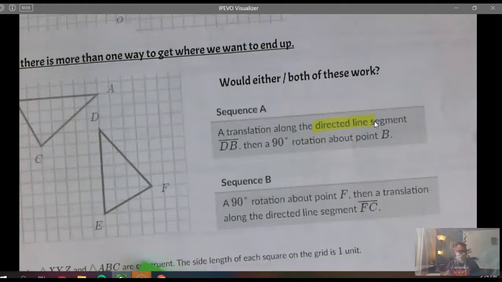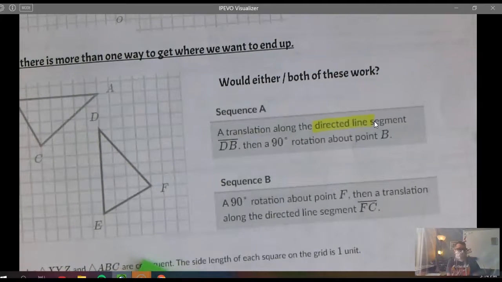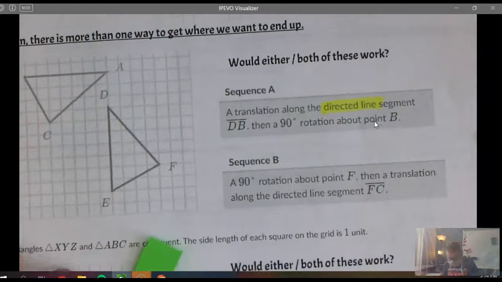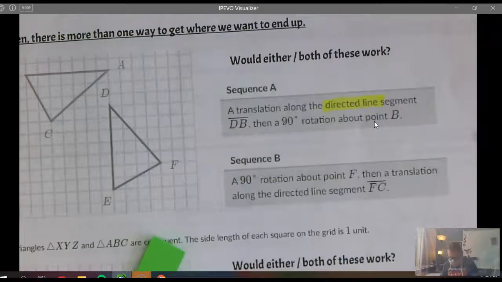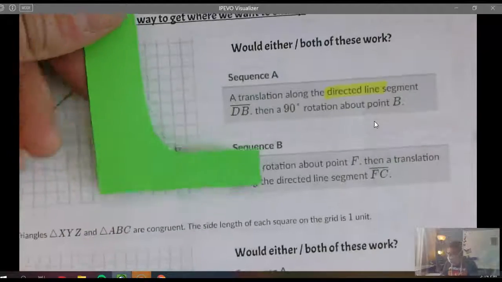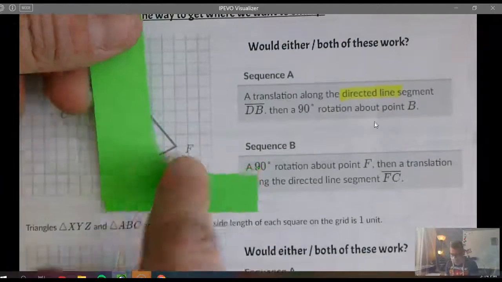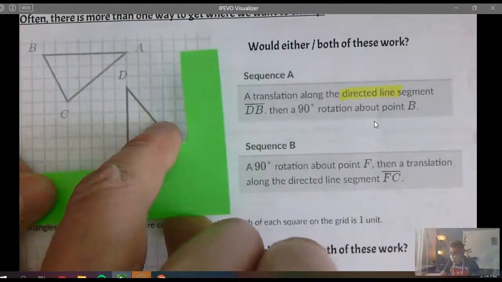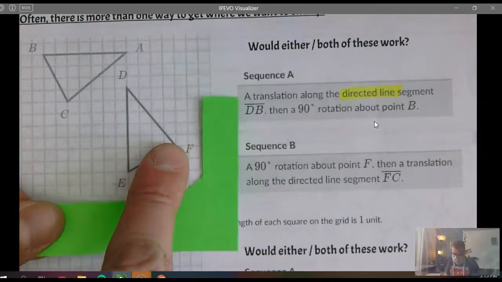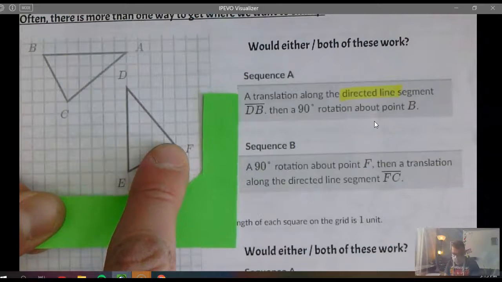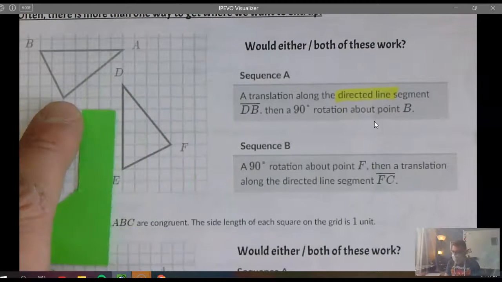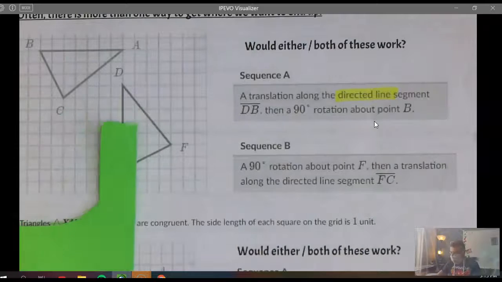Depending on which way a positive rotation goes, counterclockwise. So, a positive rotation about F, right? But then F is still where it is. Then a translation on the direct line F to C. Our points would be like pointing at each other.